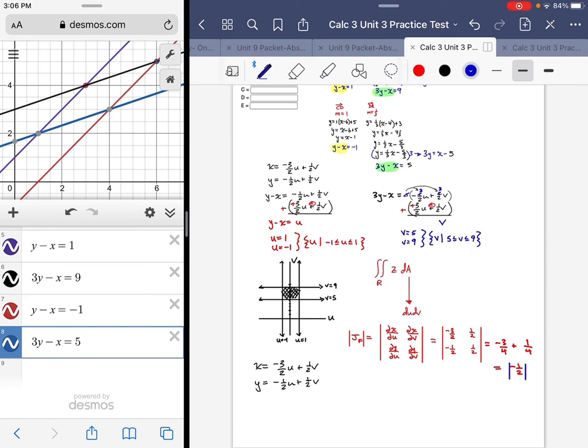All right, so what that's telling us is that the basis vectors, the 1, 0 and 0, 1, when they're transformed into this new system, that new basis area would have a value of 1/2.